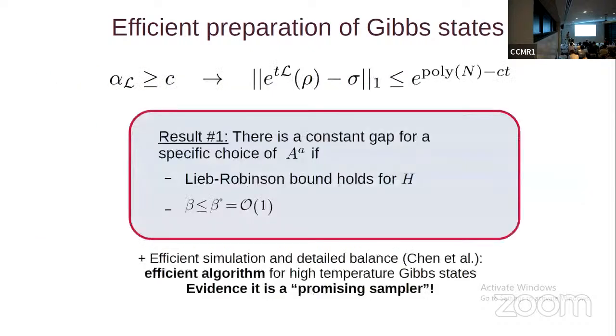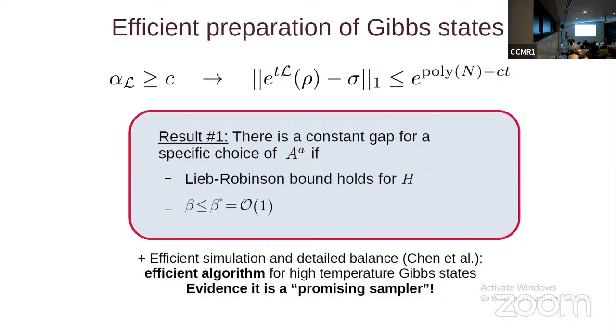All right. So what we show in this paper first is that for a specific choice of jump operators, and actually you can just pick them as 2-qubit Paulis, and you have a Hamiltonian H such that you have some sort of Lieb-Robinson bound. So essentially, this is a bound on how fast information propagates under unitary time evolution with H. This is in particular satisfied for all, let's say, local Hamiltonians on a lattice.